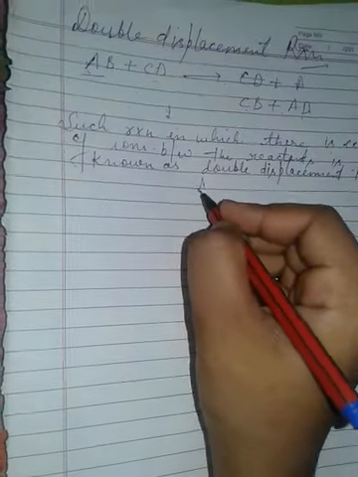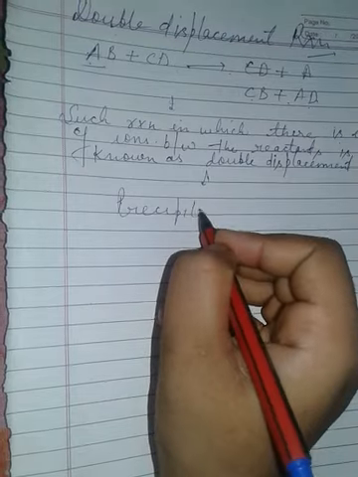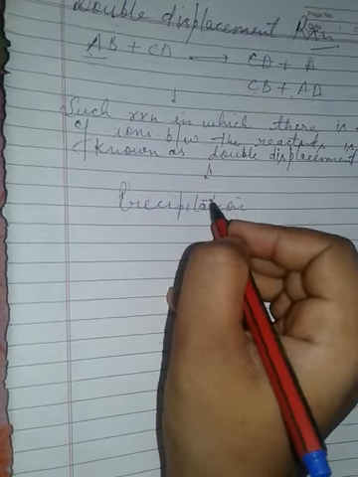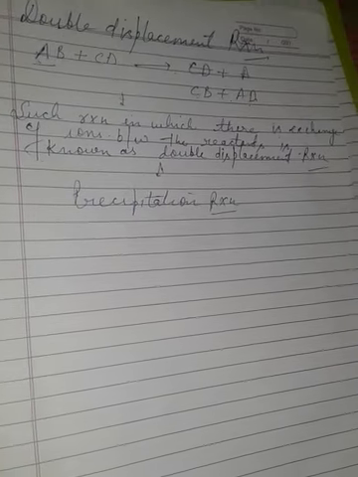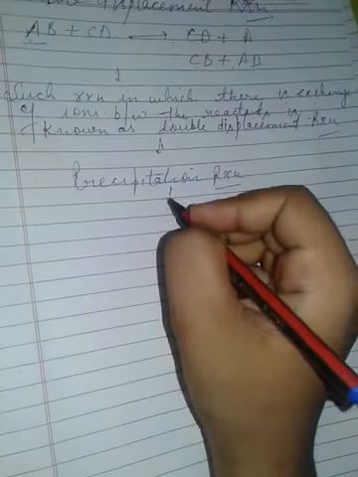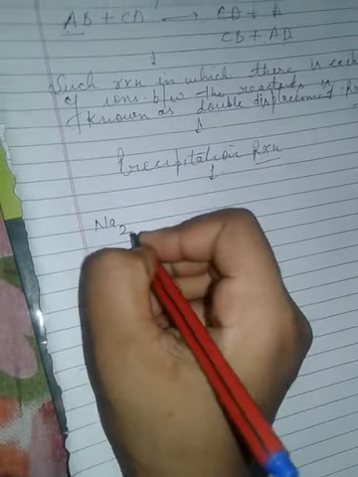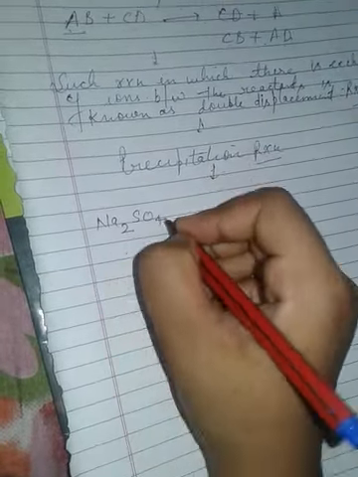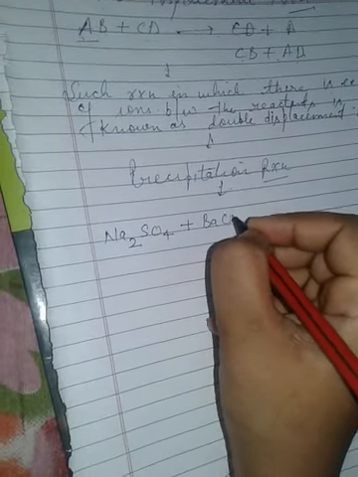This reaction is usually given one more special name, precipitation reaction. Why is it given the name precipitation? Because here precipitates are formed. Let's learn what precipitation is with an example. Suppose I'm taking the salt sodium sulphate and adding it to another salt, barium chloride.